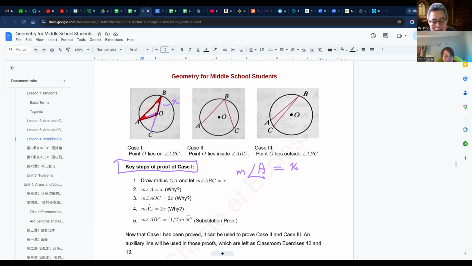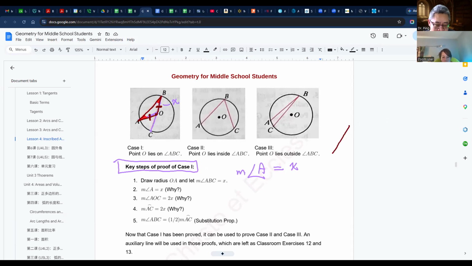Isosceles. Okay, what's a property for an isosceles triangle? Two of the sides are equal. And what else? It adds up to 180 degrees. Oh, that's for any triangle. There is a special property for the isosceles triangle.